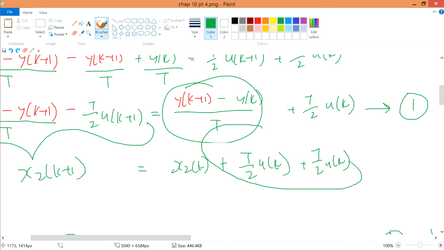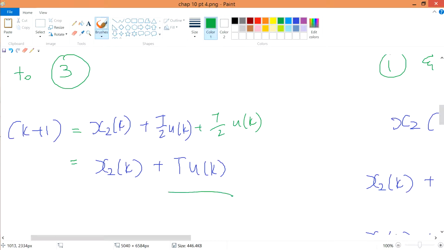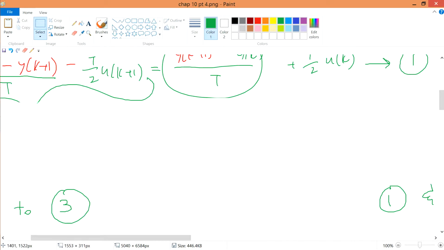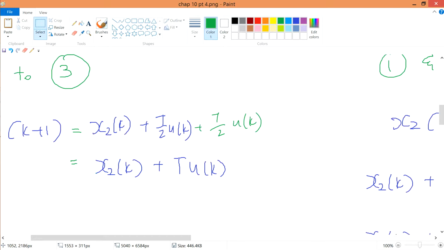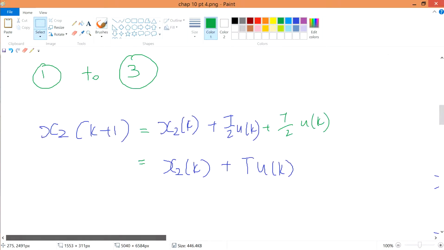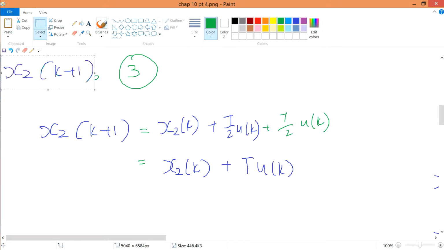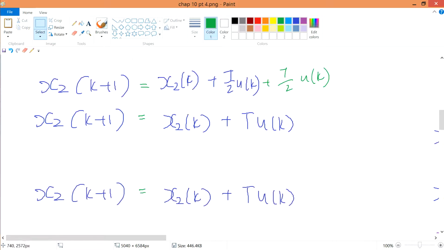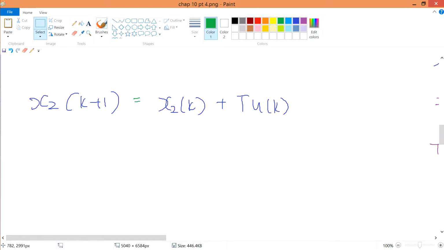And if you add it up together, you have x2k plus tuk, which is what I've shown you over here. I'm actually repeating the same thing, but I just want to show you that exactly this is this. So therefore this is the first one where I just found out my x2k plus 1 is equal to this thing. So this is my equation 3. Ta-da!